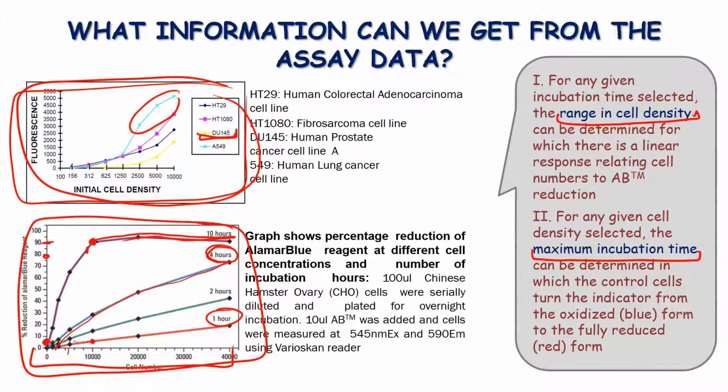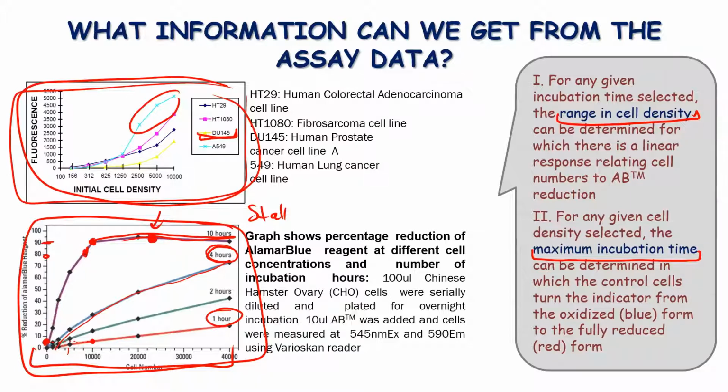So you don't want to use the cells that are on plateau, because it means they either stall their metabolism, or they compete with each other, killing each other, and the ones that win the competition divide, others die. So you don't want to use such cells.